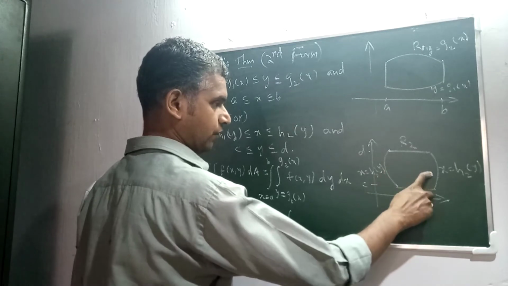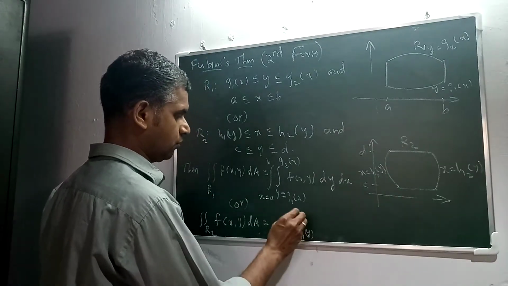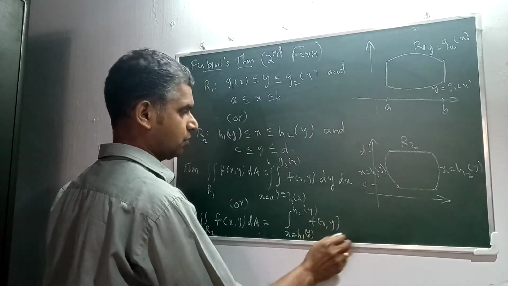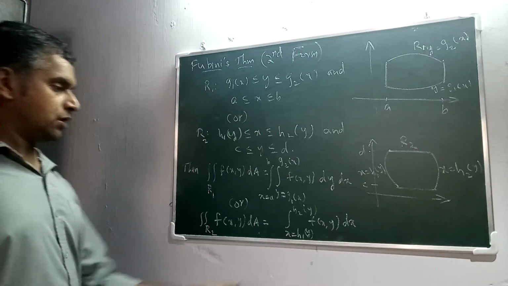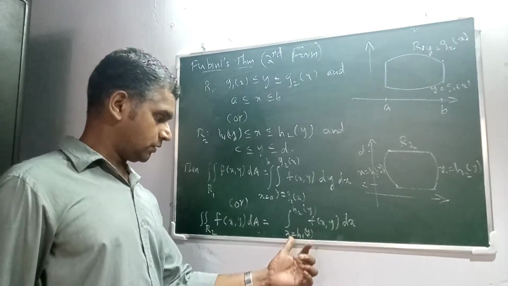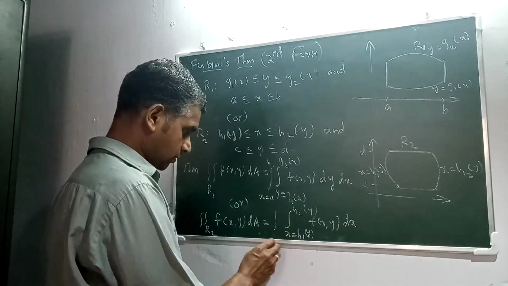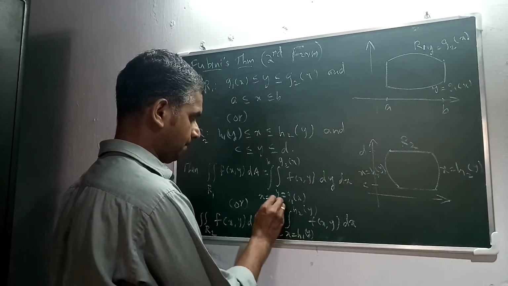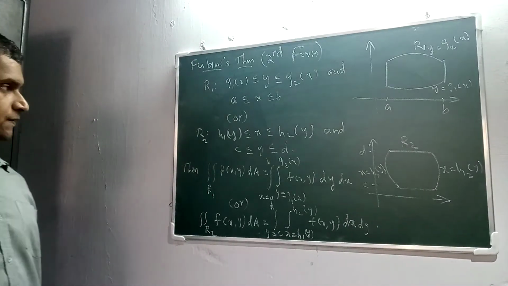X varies from h1 of y to h2 of y, your f of x comma y dx, keeping y fixed. Okay, then you integrate this expression, which is a function of y now. So you integrate that expression with respect to y. Y varies from c to d dy. So Fubini's theorem says this.